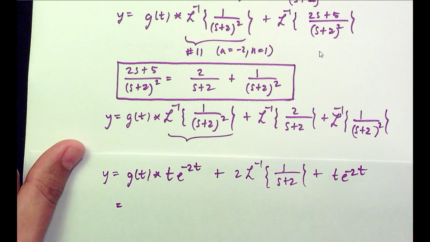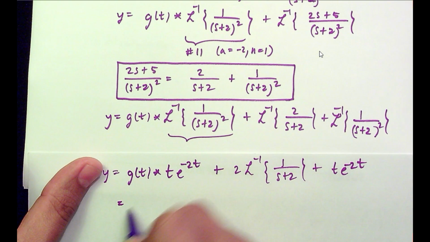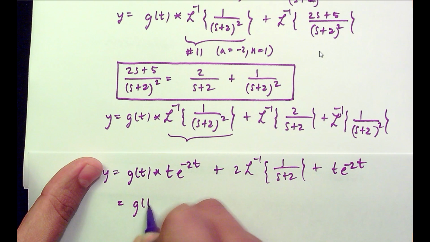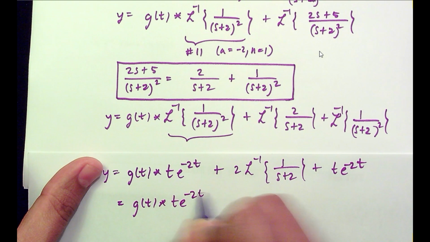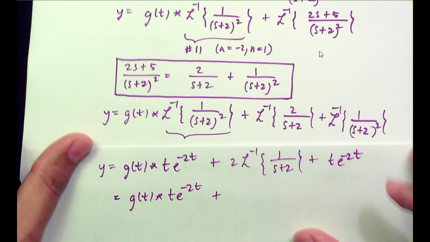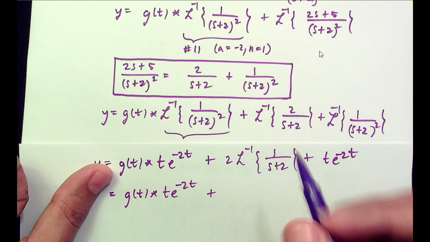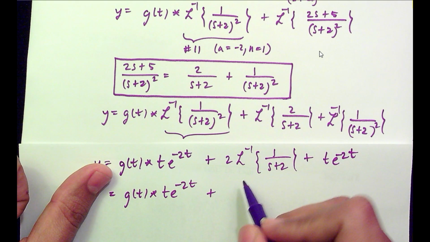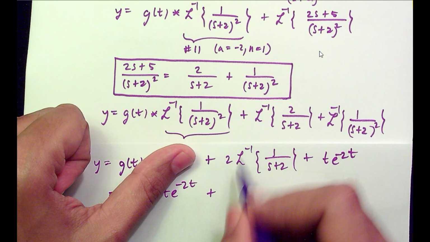Which equals, so almost done, g of t convolved with t e to the negative 2t plus that one is number 2 with a equals negative 2.